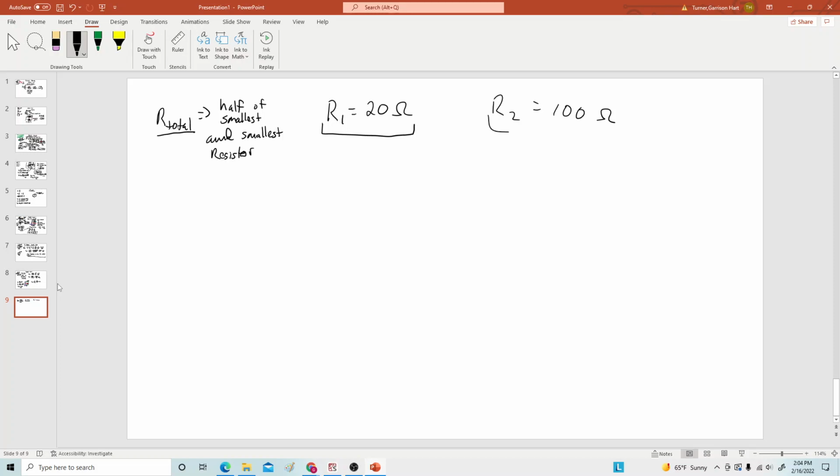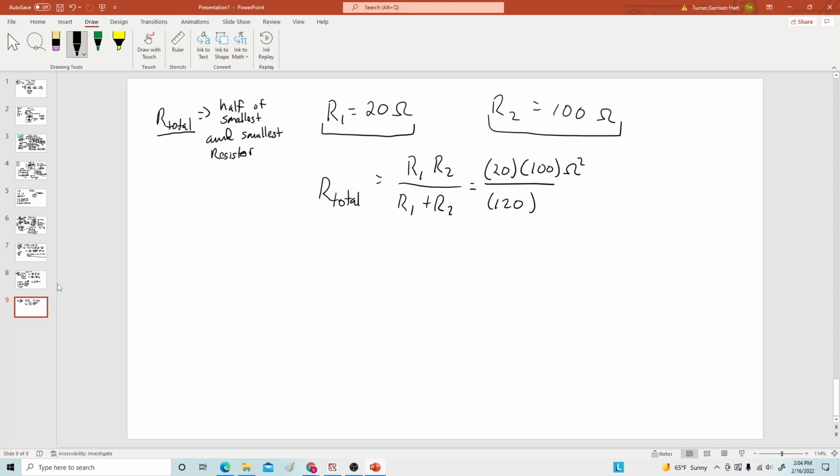But when you don't have a terribly large gap, what happens? So my total resistance in this case is the product of my resistors divided by their sum, and this will be 20 times 100 divided by 120. This is ohms squared over ohms, so one of those cancels.